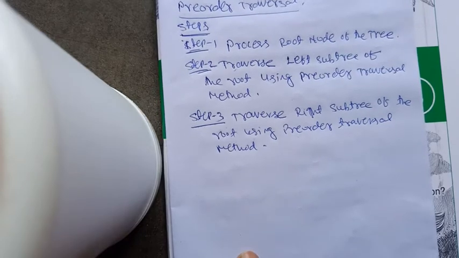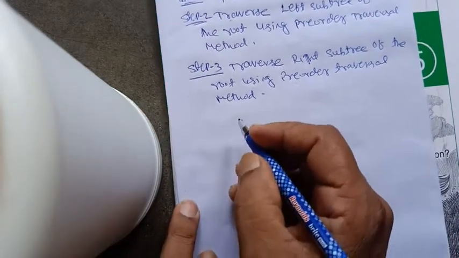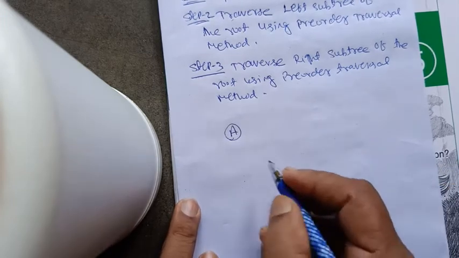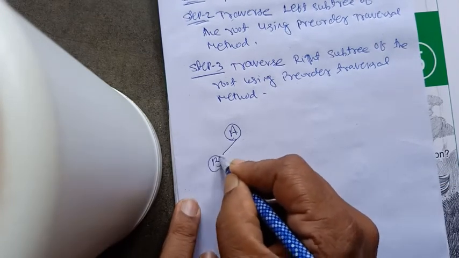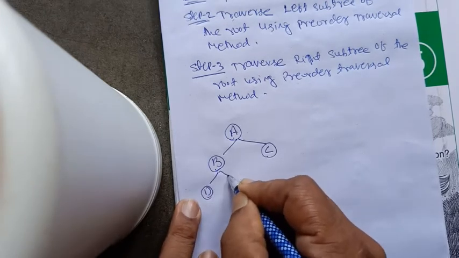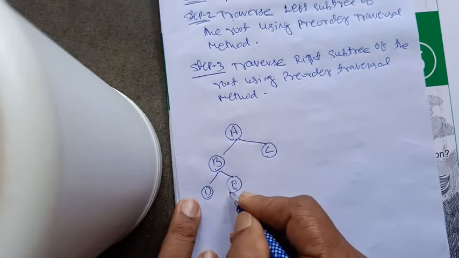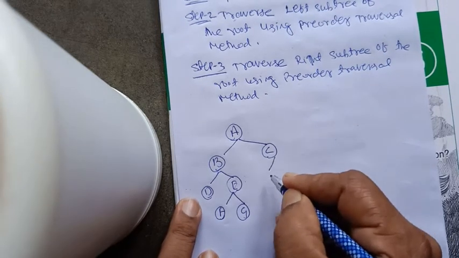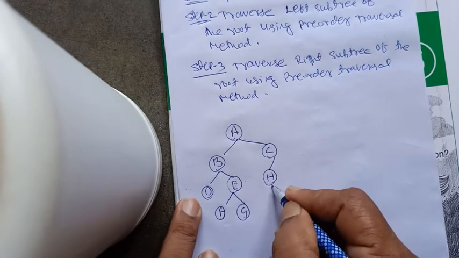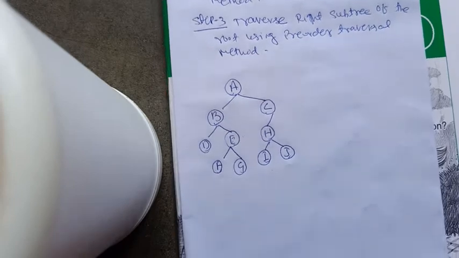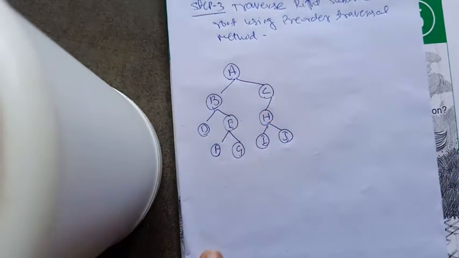Now let us take an example. Suppose we have a tree whose root node is A, then B, C, D, E, F, G, H, then I, then J. So this is our tree.